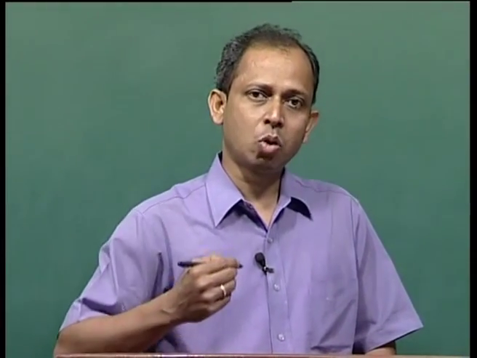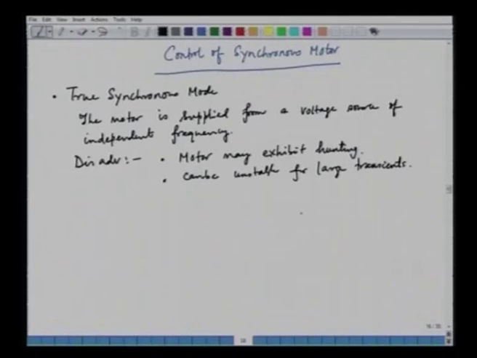So, instead of applying a step change of the frequency, one can apply a very slow change of frequency, and the motor may respond to it and the speed may gradually vary. So, we will see an example of how we can control a synchronous machine with true synchronous mode. So, let us say we have a rectifier here.